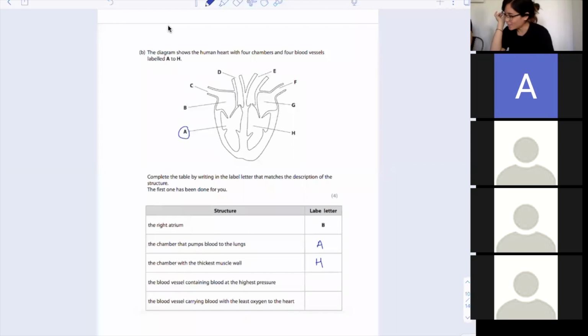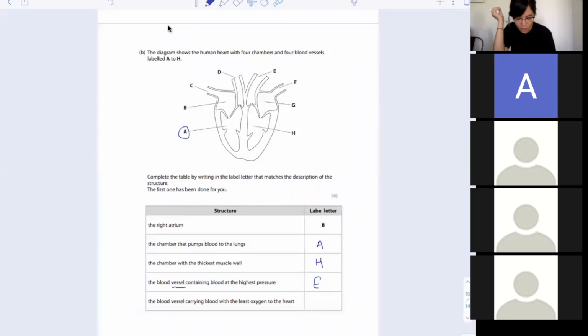Ooh, mixture. Okay, so we're looking for a blood vessel, and the answer here, because remember the highest pressure will be formed from the left ventricle contracting, and so therefore the answer here is E, because we're looking for a vessel. Well done to everyone who got that right, that's really hard. If the chamber had been the question, then the answer would have been H, but we were asked for a blood vessel.